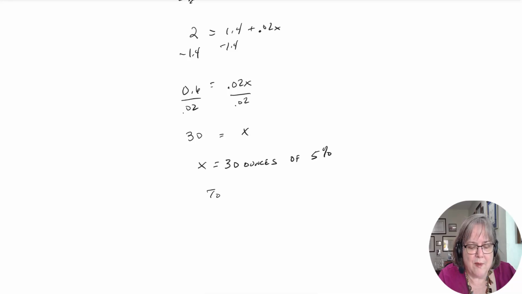So the total amount is the original 20 ounces that I had, plus the new 30 ounces. So the total amount is 50.